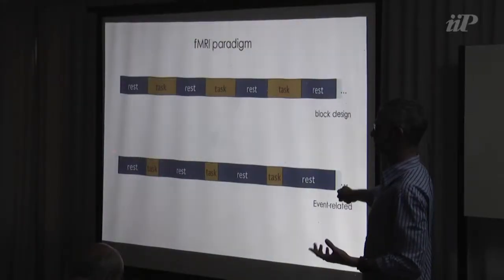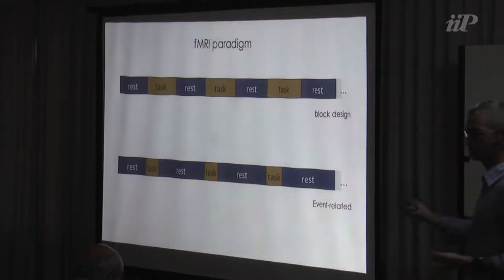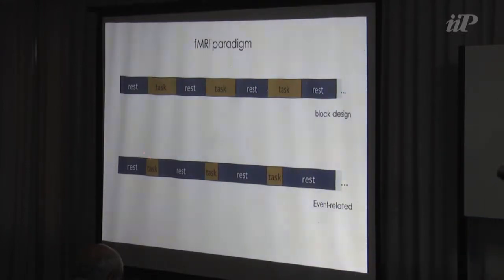So it's the same strategy that we use in EEG. The difference is that EEG has a much greater temporal resolution, so its events are much shorter compared to fMRI. Here we are talking about 1 to 3 seconds of task, and then a period of 20 seconds of rest.